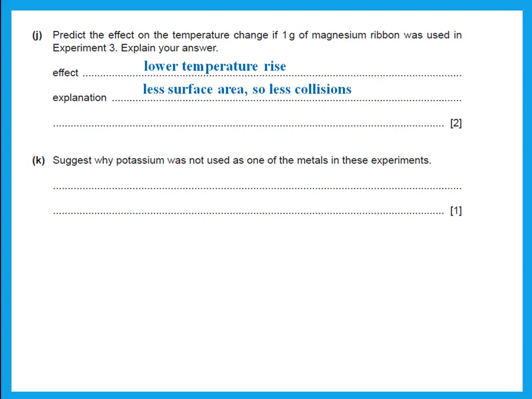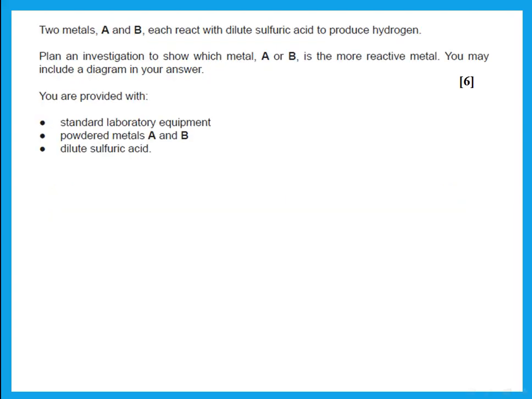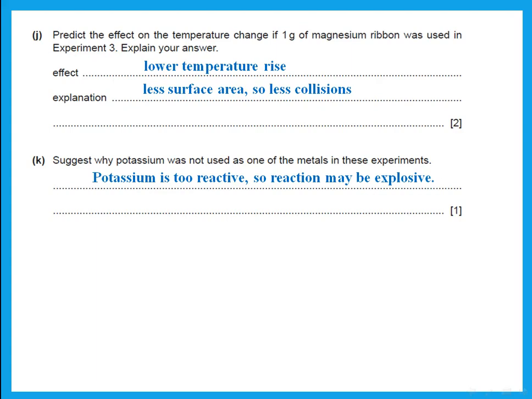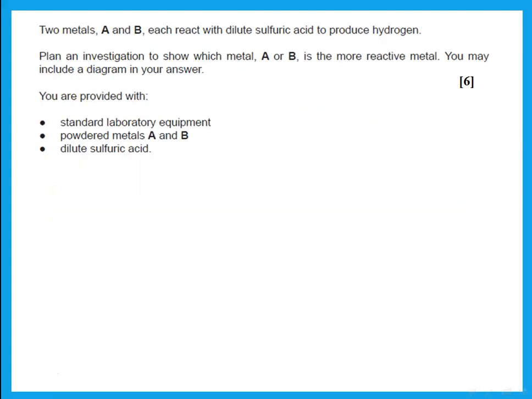Because the ribbon is a big piece while he used powder, so the big piece has less surface area, so less collisions. Now suggest why potassium was not used. We never use potassium in any of these experiments because potassium is very reactive. It is too reactive actually, so the reaction may be explosive.